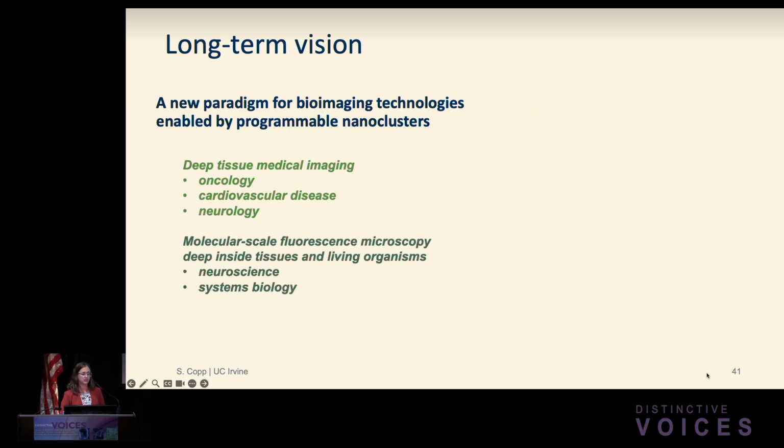We also envision that these types of tools could further fundamental biological sciences, things like neuroscience or systems biology, where you want to understand how different tissues interact with one another. And perhaps if you could tag what's enabling that interaction and watch as it's happening in real time, we could gain more understanding of these types of processes.